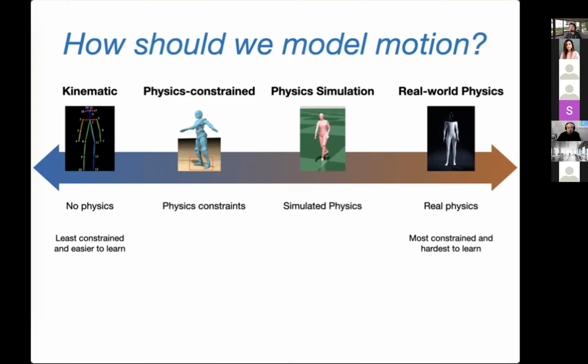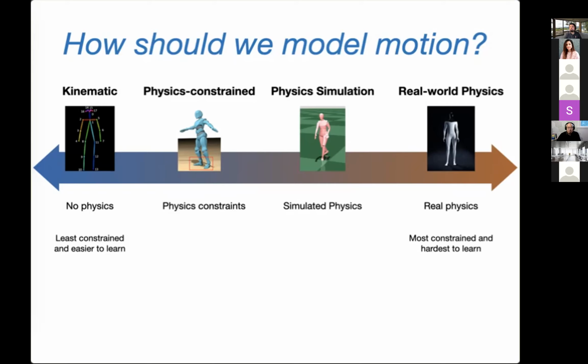And the last one, if you were to take it another step further: if you had a computer vision algorithm that observes a person doing something, you could say you understood that action if you could actually re-implement it in the real world, which would need some kind of humanoid robot. I think this is the spectrum across which we can think about what it means to understand human motion. Obviously the right hand side is the hardest. It's the most constrained, most challenging, and hardest to learn.